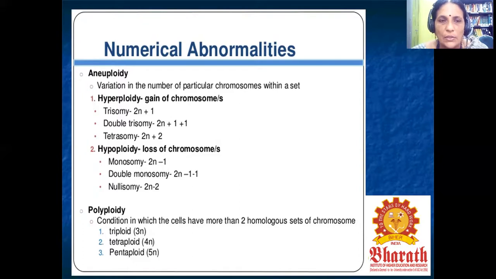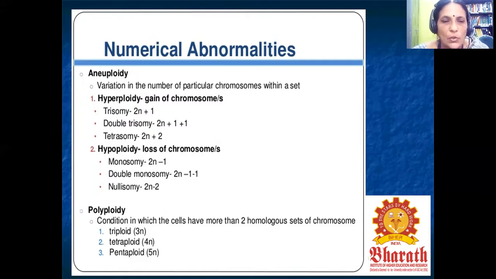It is further classified into trisomy, 2n plus 1, double trisomy, 2n plus 1 plus 1, then tetrasomy, 2n plus 2. The next type is hypoploidy, which is the loss of a chromosome or chromosomes.